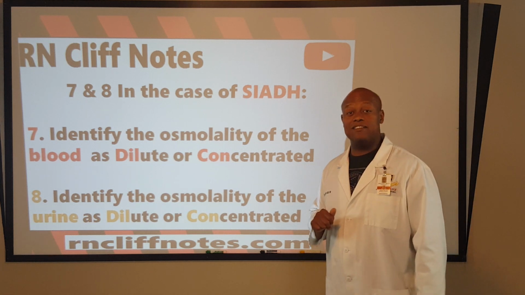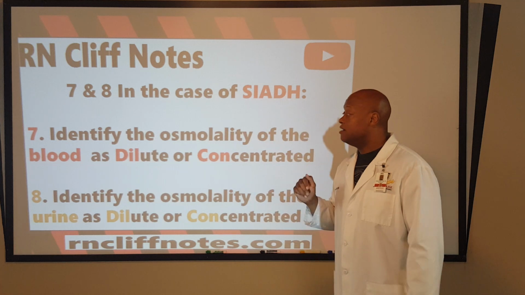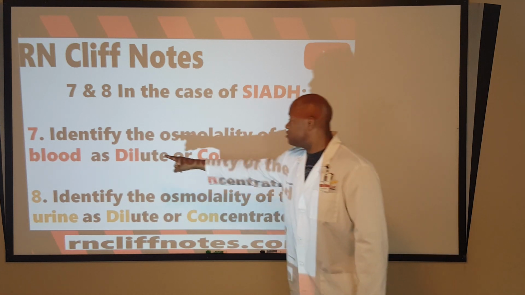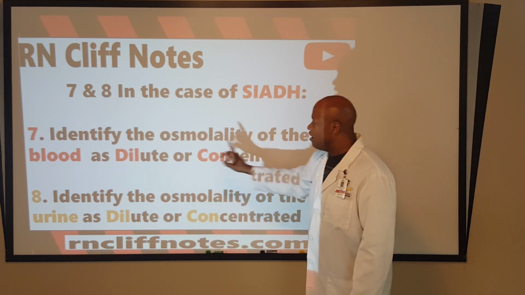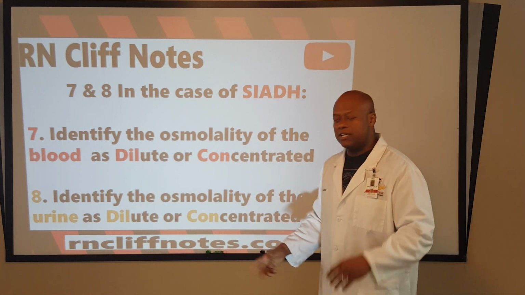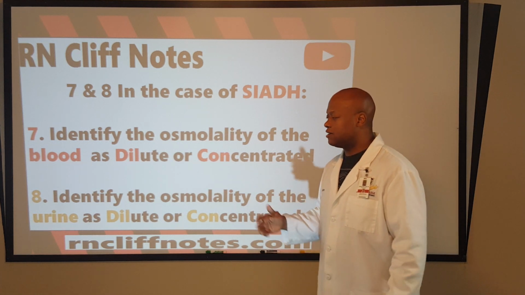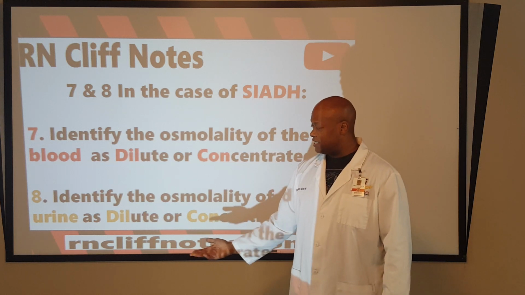Now we're getting to some pay dirt, okay? But this is relative to SIADH now. So 7, we want you to identify the osmolality, love that word, of blood, but we're keeping it simple. So the blood, is it going to be dilute or is it going to be concentrated? And then here, hopefully you can see that yellowish orange.